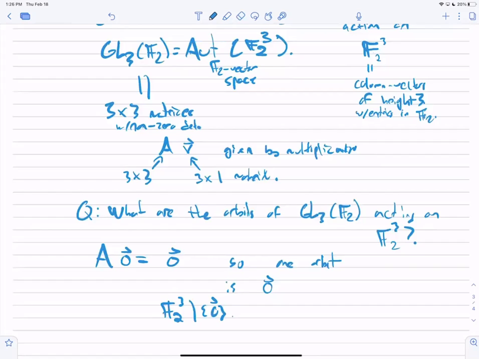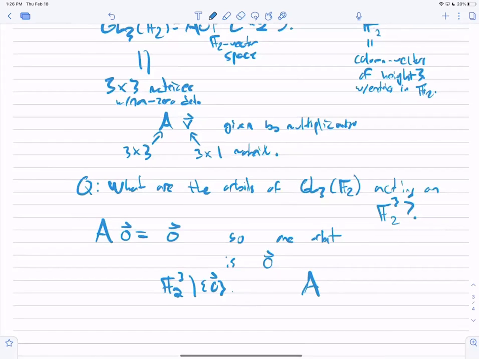If I do A times (1, 0, 0), what is that vector? Someone just typed in the chat that this is the first column of A. Good.